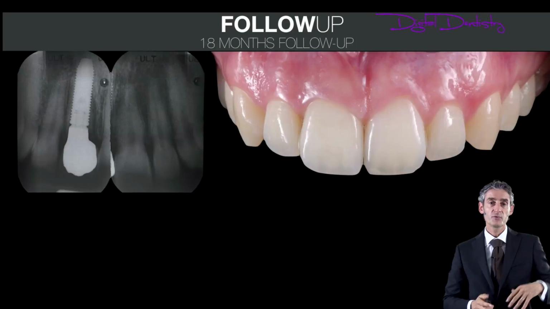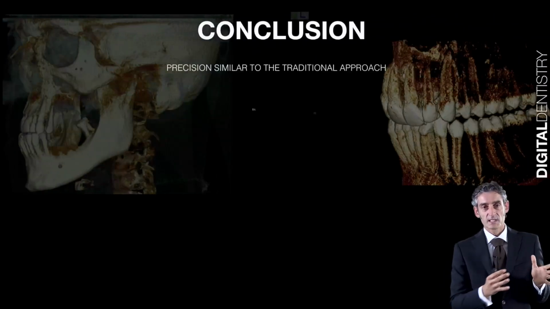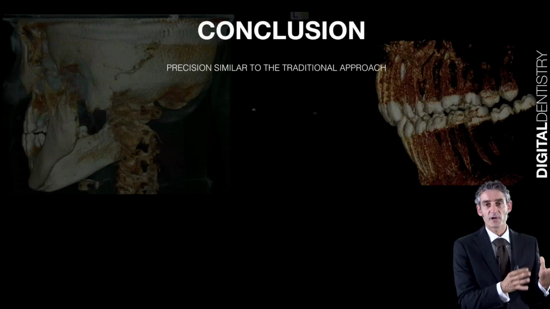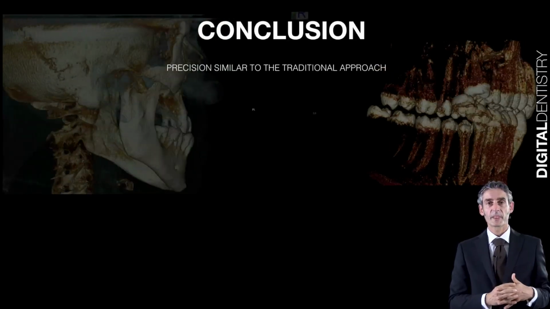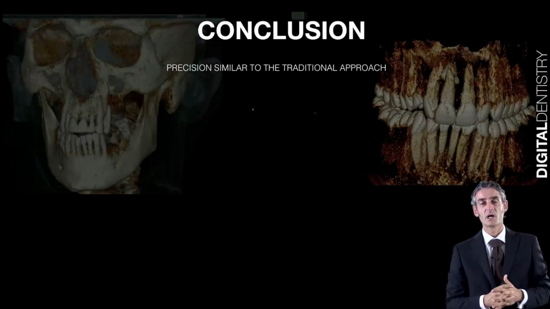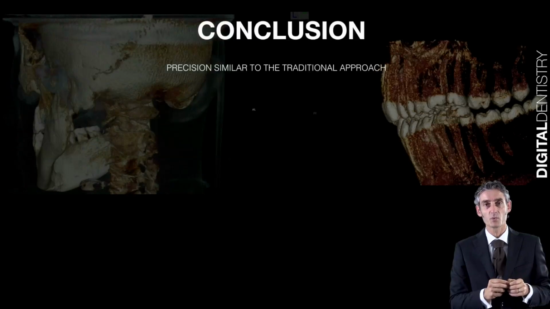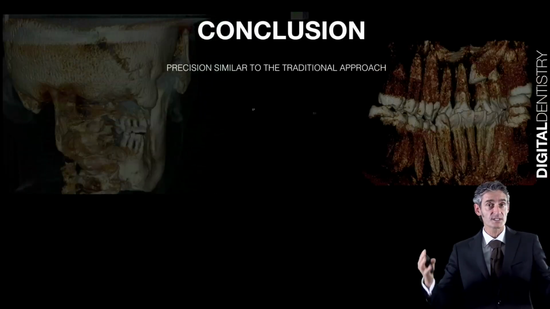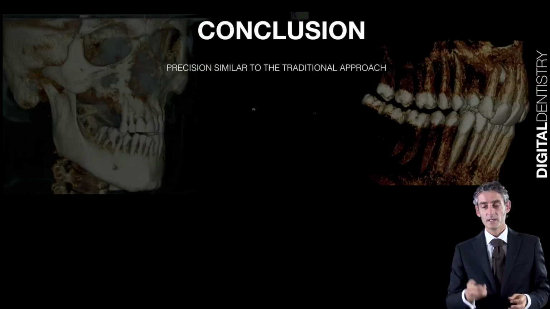Okay, so if we have to draw some conclusions, I will say the precision of the digital impression is similar to the traditional for sure. Sometime we will see, probably in a future lecture, how we can be really passive with our framework if we stay in arches, so a full mouth rehabilitation with an arch on implant, for example.